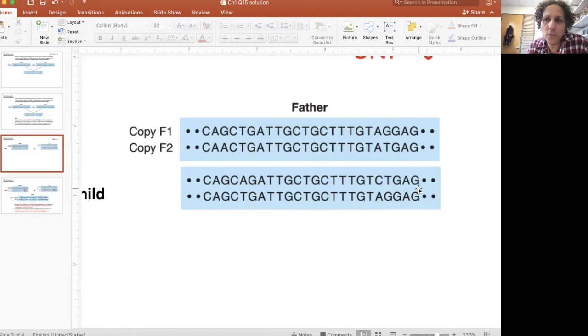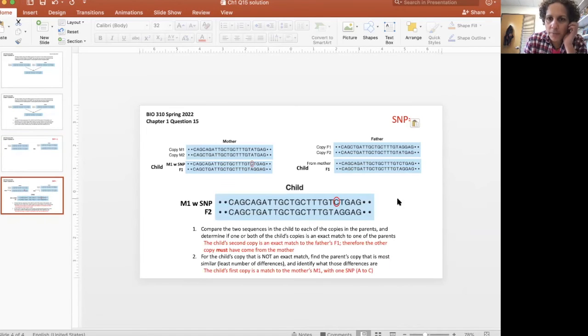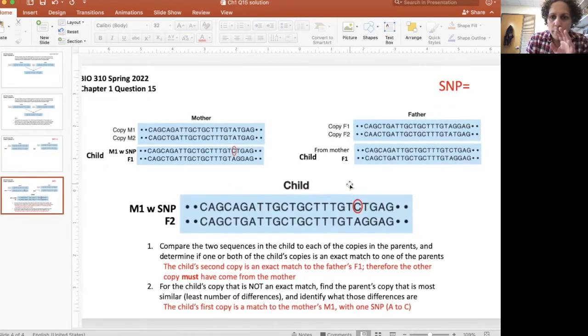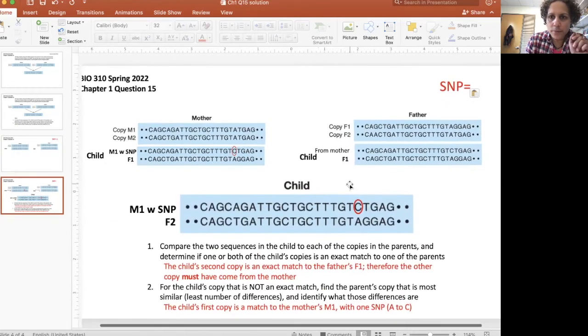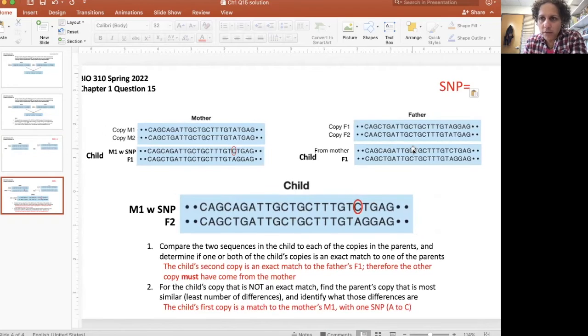Okay, so strand 1, let's go back to the mother and we'll do a comparison. Okay, so let's zoom in here. So I've got SNPs identified in red, but we'll look at that in a second. So I've labeled this as from mother, and the second strand is F1. So that's from father, perfect match.